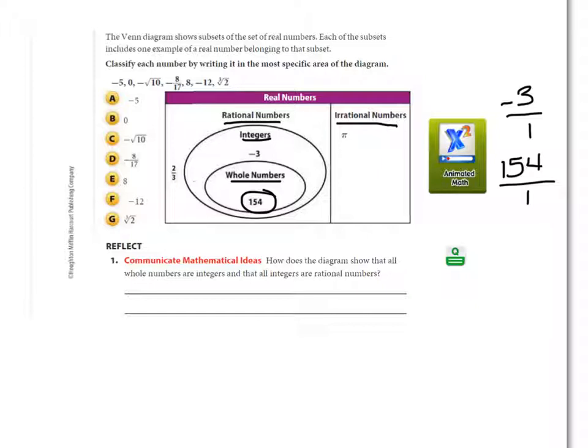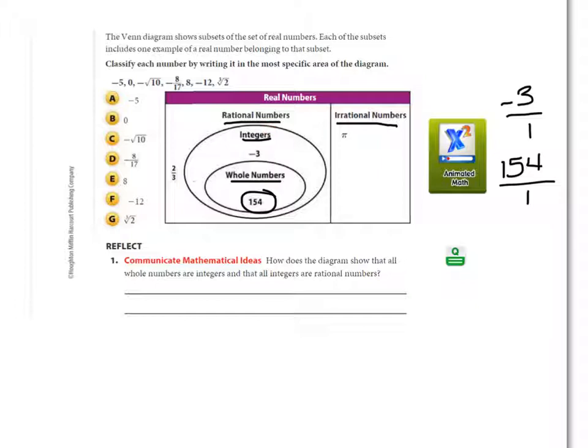So let's talk about -5. Well, -5 can be written as a fraction, -5/1, which means it's not going to go in the irrational category. So -5 is rational, but I have to decide if it's also another type of number set. Well, integers are positive and negative whole numbers. It can't be a fraction or a decimal for an integer.